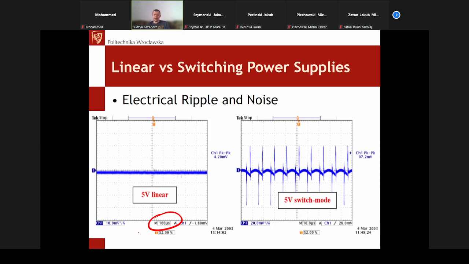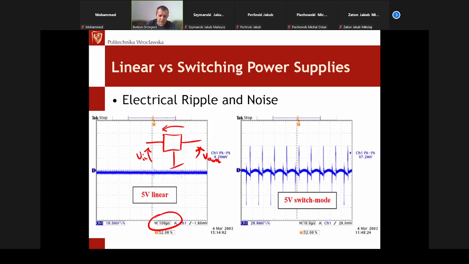The first one is that they heat very much, because there is a lot of power being dissipated, and here naturally, don't forget that if we have this linear regulator, and there is V in and there is V out, so the difference of voltages, so delta V.